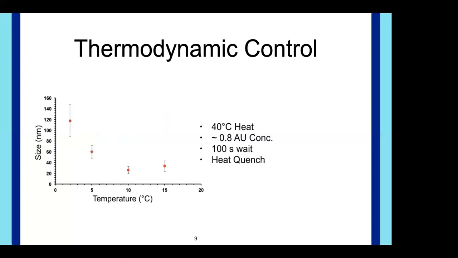But temperature control is done within the DLS, so equilibration time here with a 100-second wait period and the amount of time it takes to stabilize at the lower temperatures from 40 degrees, we're looking at maybe 5 minutes of equilibration at the temperature, so a much larger time scale here for these to grow into their thermodynamically stable supercluster size or assembly size. There's a very clear thermodynamic trend there, though. The lower the temperature of the quench, the larger the superclusters formed.